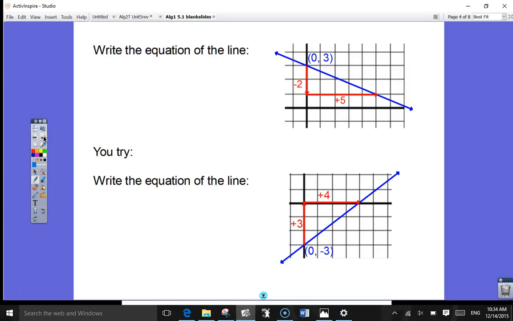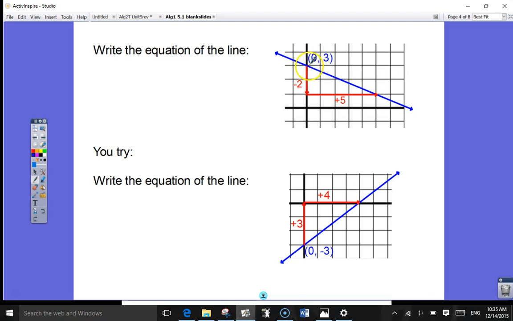Okay, in this case, we're given a graph, and the graph shows the y-intercept, and it's also showing you the change in y, the y2 minus y1, and the x2 minus x1. So it's not exactly giving you the slope, but it's kind of giving you the slope. What is the slope of the line on top there?